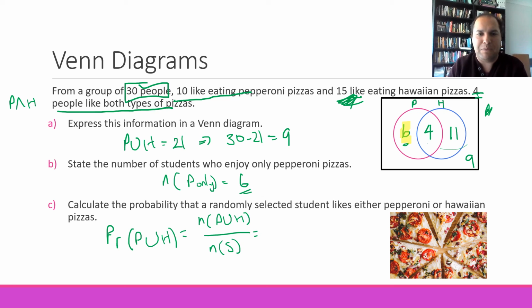We just added up those numbers, 6, 4, and 11, which gave us 21, out of 30 people who were surveyed. Then we can simplify that. That's 7 out of 10, or 70%. There's a 70% chance that randomly selecting another person out of that group, they will like either pepperoni or Hawaiian.